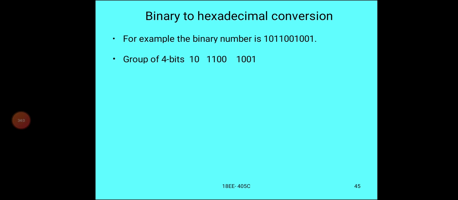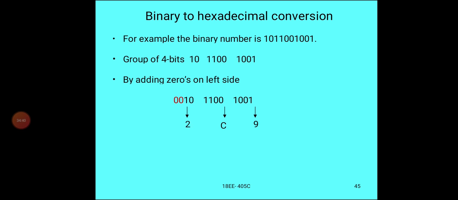Here the leftmost group is 10, so adding 2 zeros on the left side makes 0010, then 1100, 1001. 1001 means 9, 1100 means C, 0010 means 2. So the result is 2C9 of radix 16.